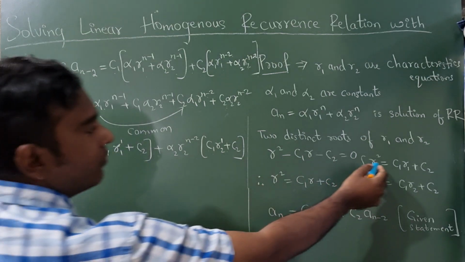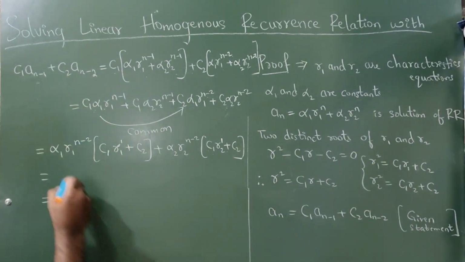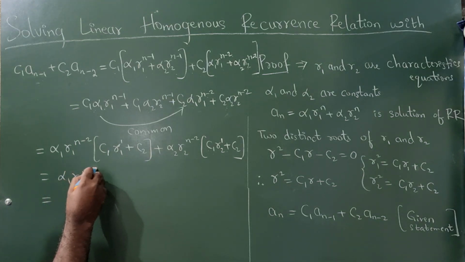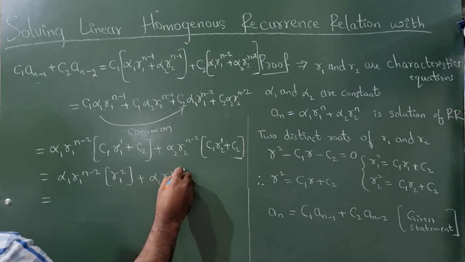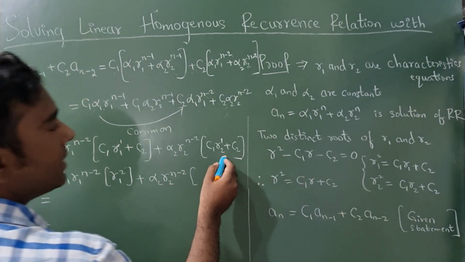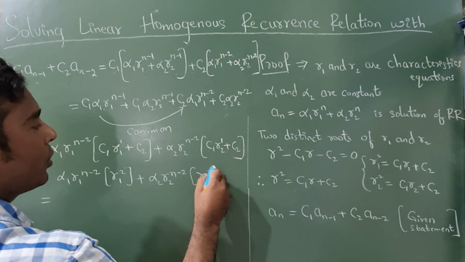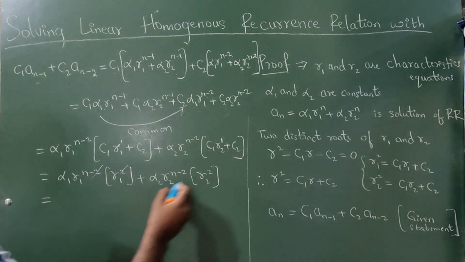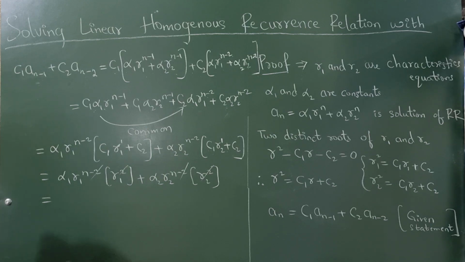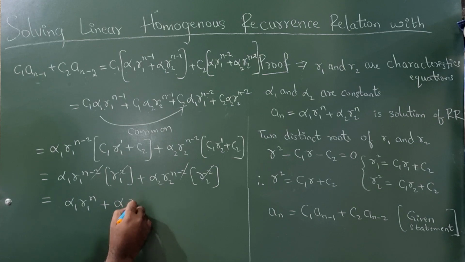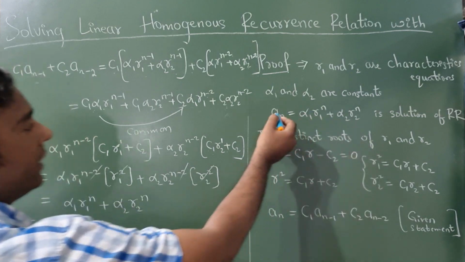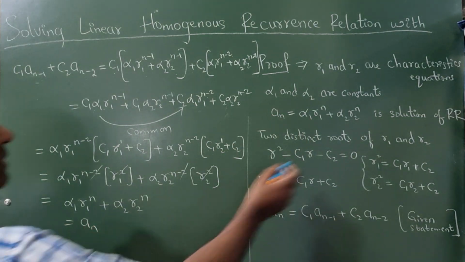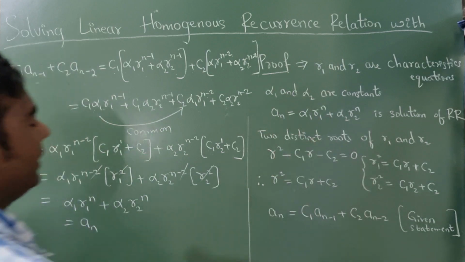Now this entire term from here is r1 squared, so I write alpha 1 r1^(n-2) r1 squared plus alpha 2 r2^(n-2) r2 squared. You can see minus 2 plus 2 get cancelled. What is remaining is alpha 1 r1^n plus alpha 2 r2^n. From here it is a_n. This is the solution of the recurrence relation.